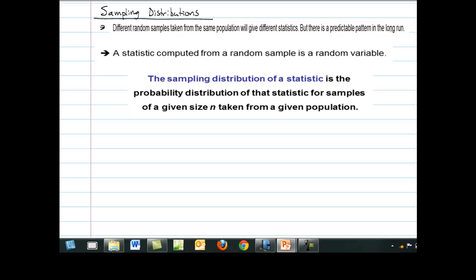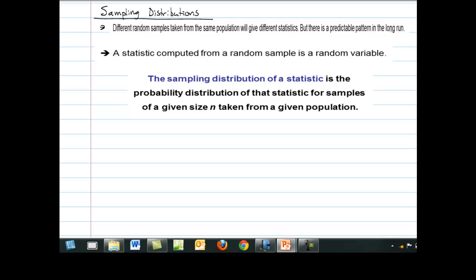And then the sampling distribution of the statistic is the probability distribution of that statistic for samples of a given size n taken from a given population. So what that means is I take all these averages that I calculate on all these groups of 5 from my class, and I note them and I record them, and I get a sampling distribution. I get possible outcomes listed with their corresponding probabilities, and that will give me a histogram, and then I smooth the histogram, and hopefully that histogram will have a shape that's something normal or another type of distribution that I can use.